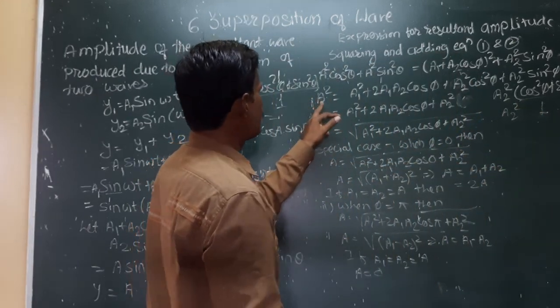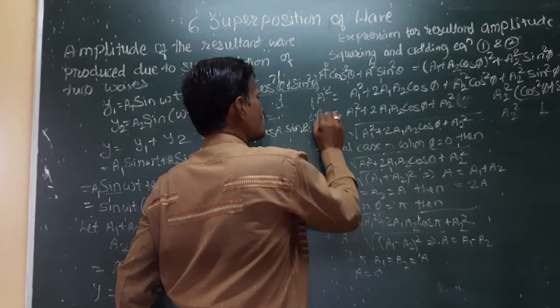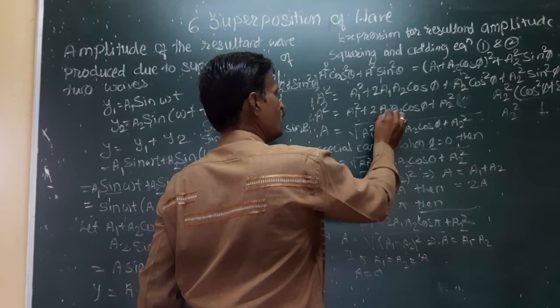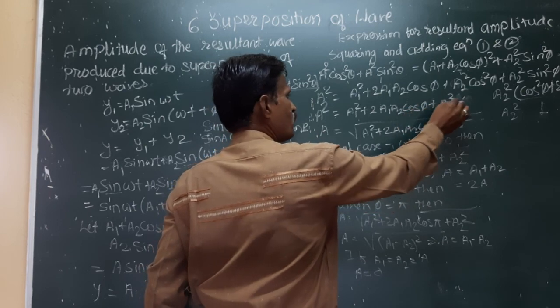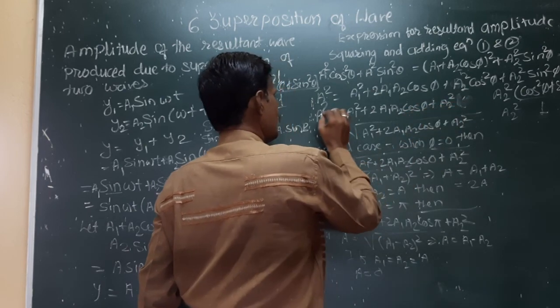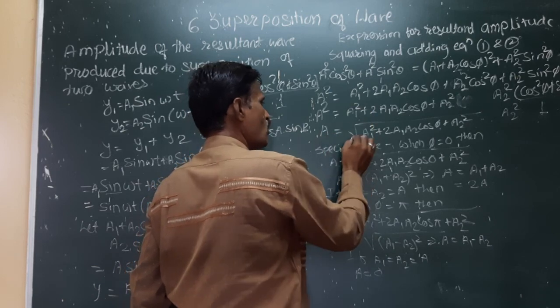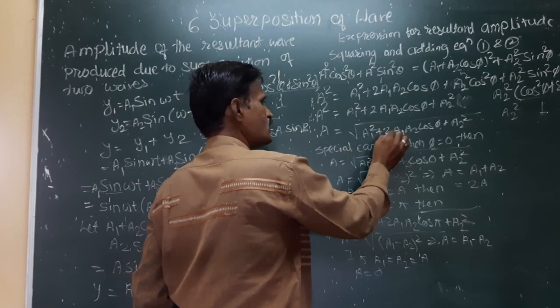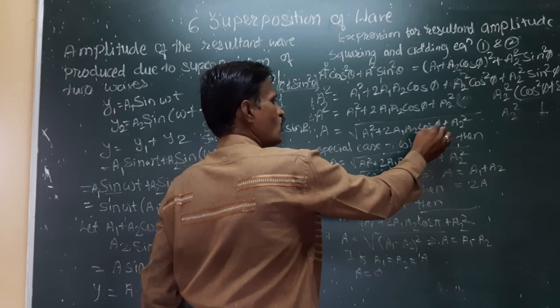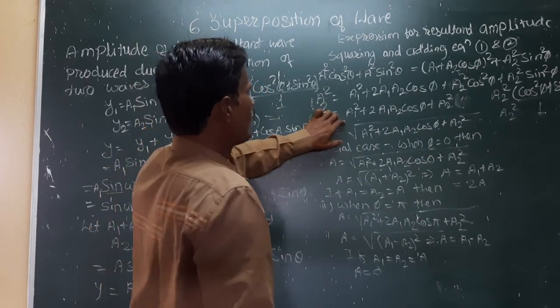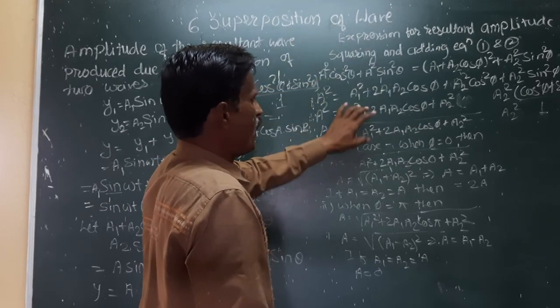So this equation becomes A square is equal to a1 square plus twice a1 a2 cos phi plus a2 square. Then A is equal to root of a1 square plus twice a1 a2 cos phi plus a2 square. So this is the expression for the resultant amplitude.